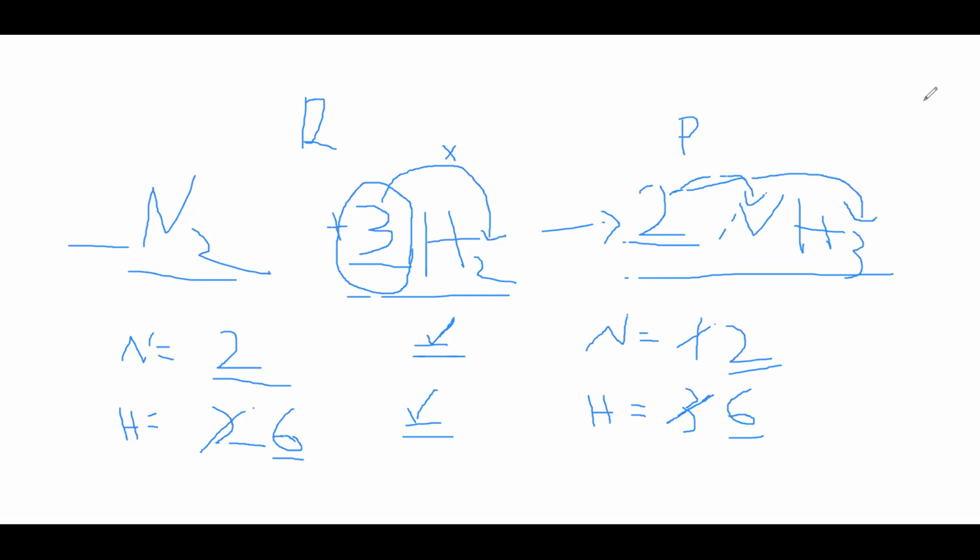So by changing our product coefficient to a 2 and the H coefficient in the reactants to 3, we ended up with our fully balanced equation with the same number of N's and the same number of H's on both sides.